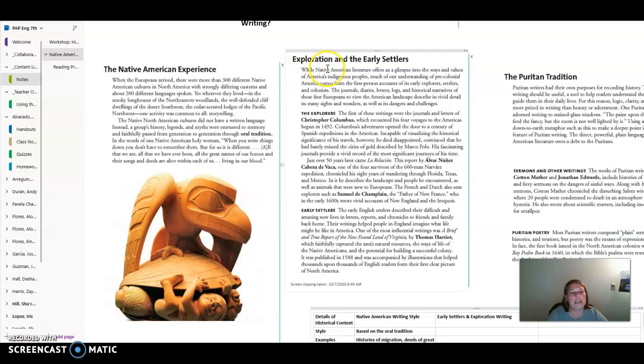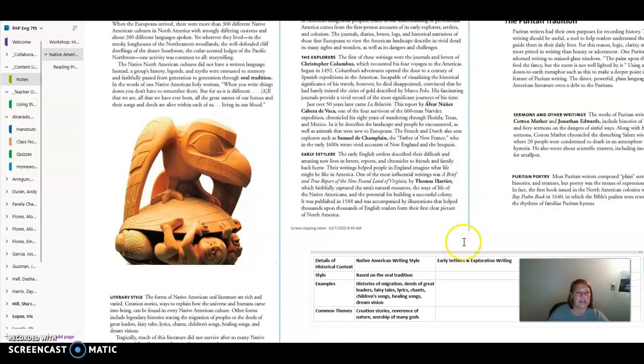So, while Native American literature offers us a glimpse into the ways and values of America's indigenous peoples, much of our understanding of pre-colonial America comes from the first-person accounts of its early explorers, settlers, and colonists. The journals, diaries, letters, logs, and historical narratives of those first Europeans to view the American landscape describe in vivid detail its many sights and wonders as well as its dangers and challenges.